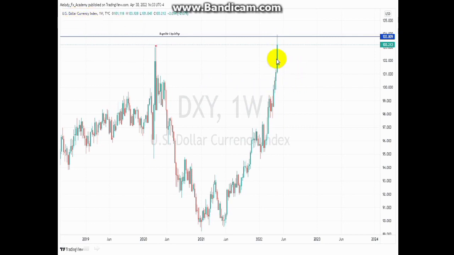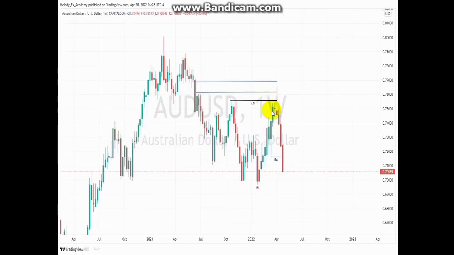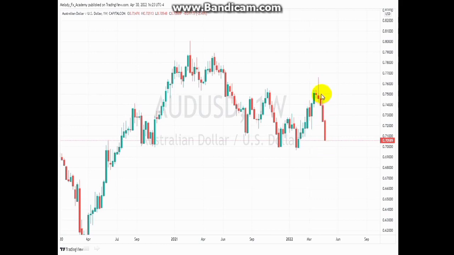Once you are able to pinpoint the current trend on the dollar index, that way you can determine the direction of the Australian USD, of the Euro USD, and of the Great British Pound USD. So in this case we can see clearly that our dollar index is bullish, hence that is why we are having a bearish Australian dollar.